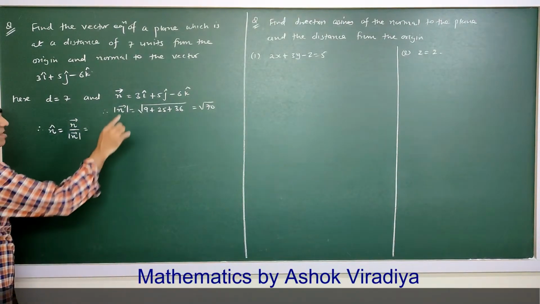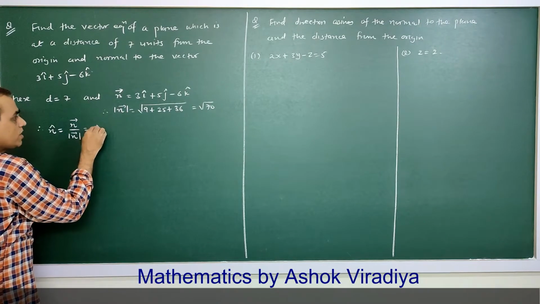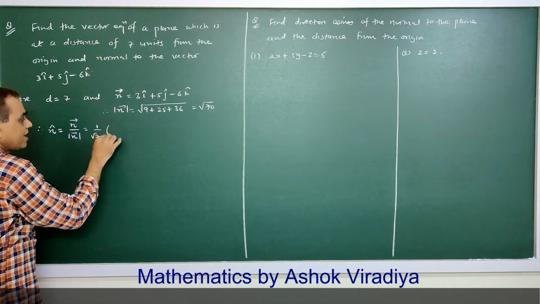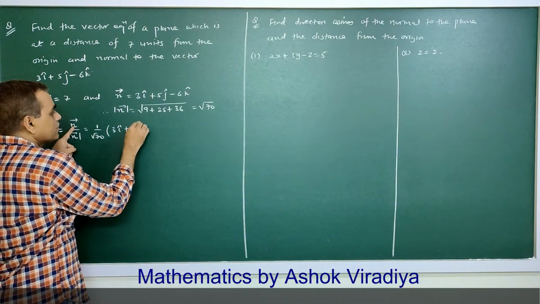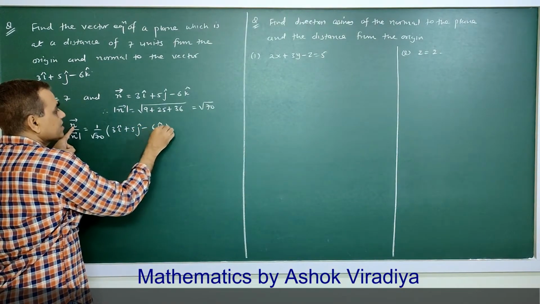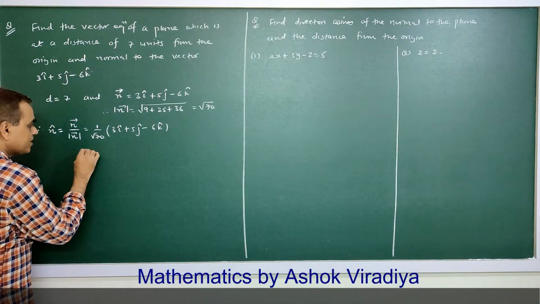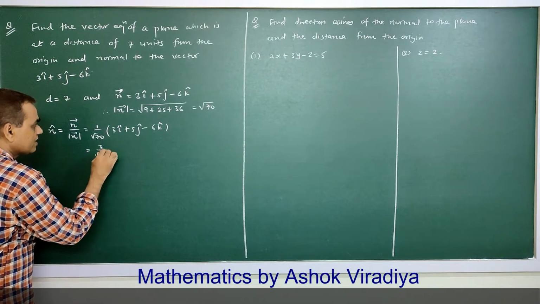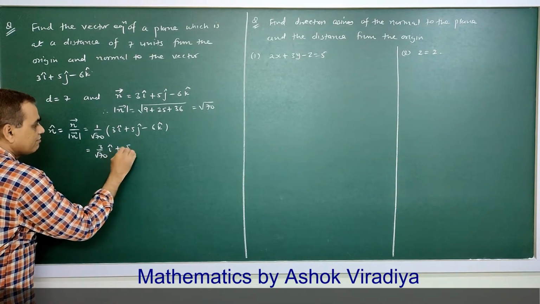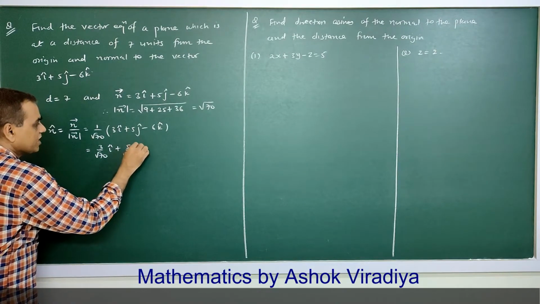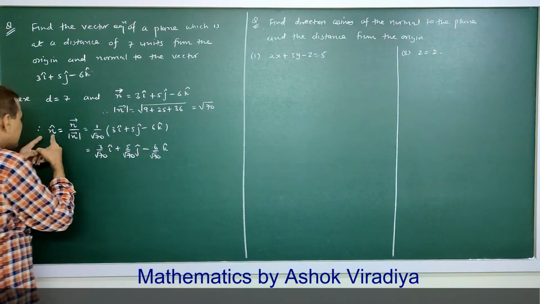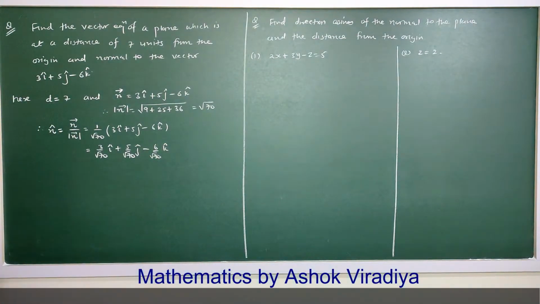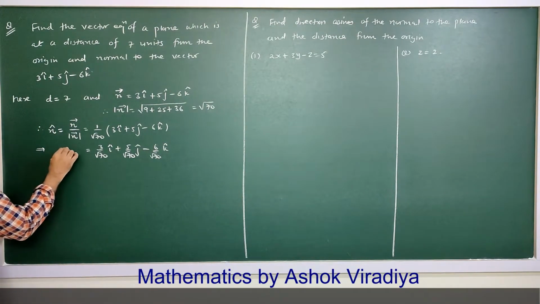That is 1 upon root 70 times 3i plus 5j minus 6k. So that is 3 upon root 70 times i, 5 upon root 70 times j, minus 6 upon root 70 times k. This is the unit normal.